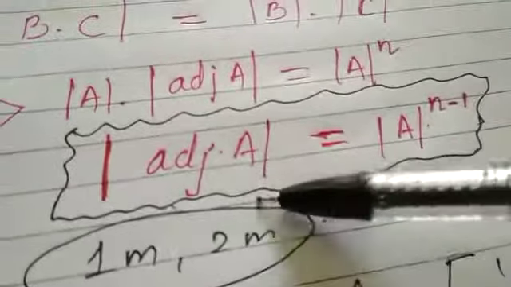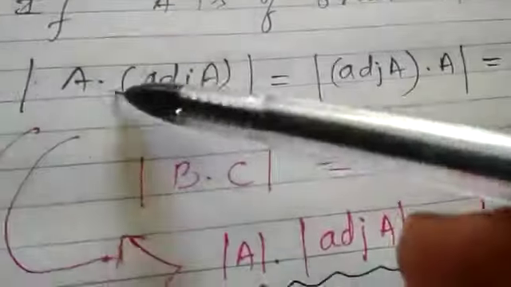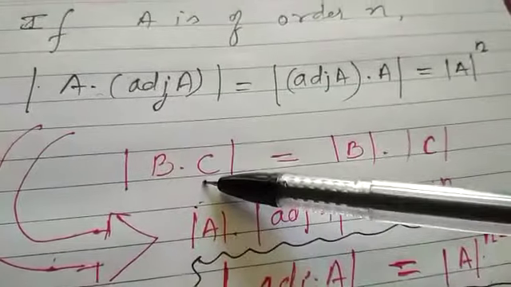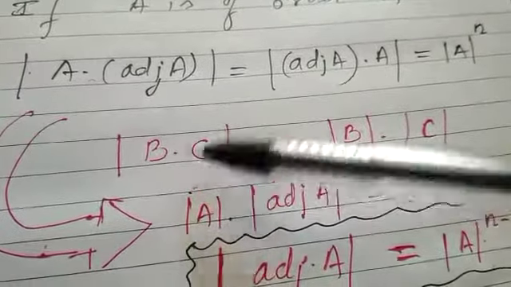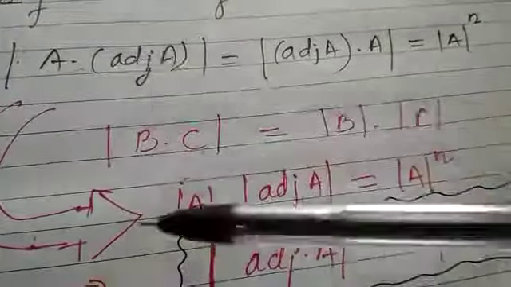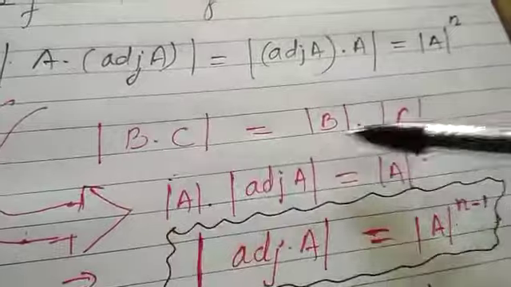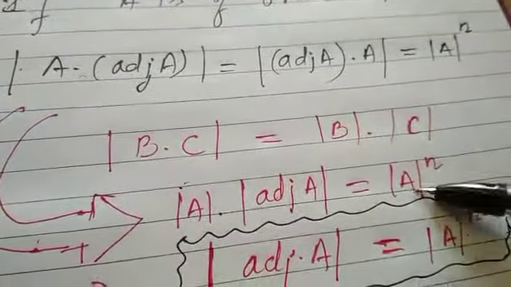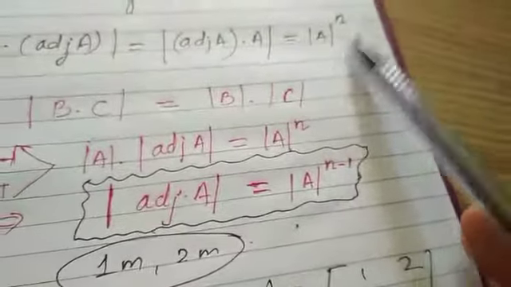And we have seen that if A is of a particular order, then we can easily find the determinant of adjoint of A by simply using this formula, which has been obtained by putting determinants across the entire equation, applying the distributive property of determinant over multiplication, determinant of B dot C equal to determinant B, determinant C, and then dividing the entire equation by determinant A, so the power gets reduced.